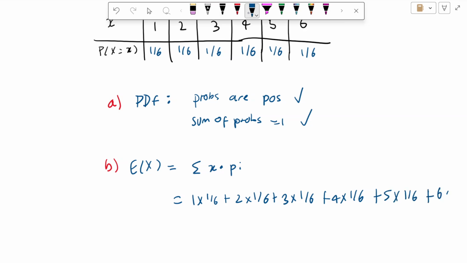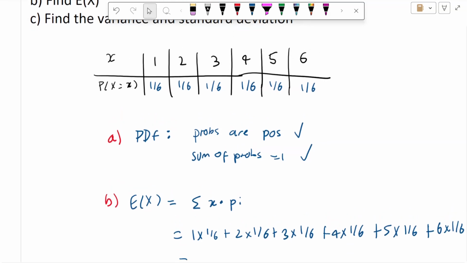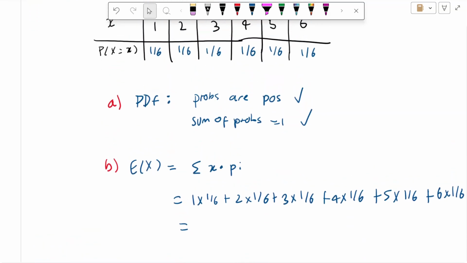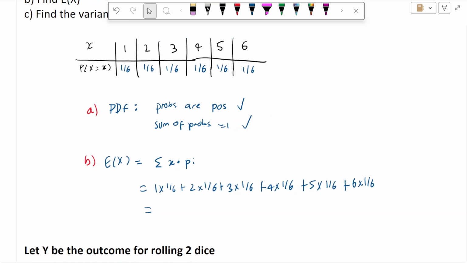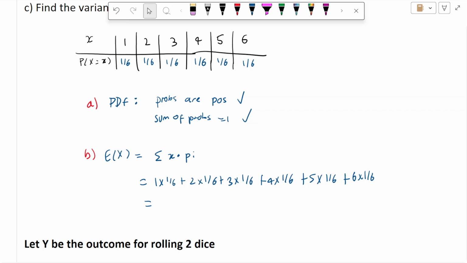Now, a lot of people, when they calculate a mean, they just want to add up all the numbers and divide by 6. And that will work in this case because everything's equally likely. But if your distribution is bumpy and they've all got different probabilities, then you have to use this formula. What you get when you do that is 3.5.